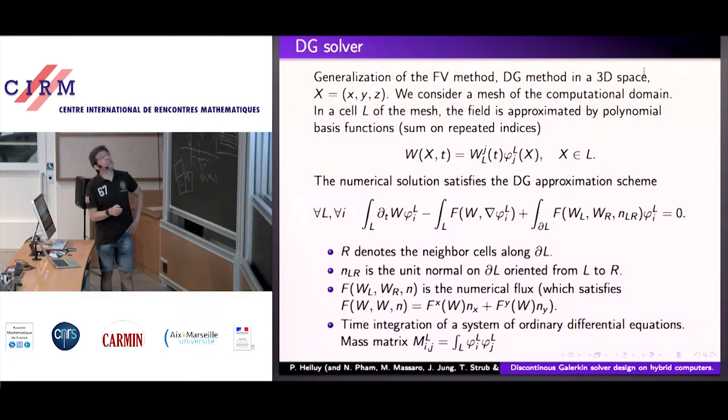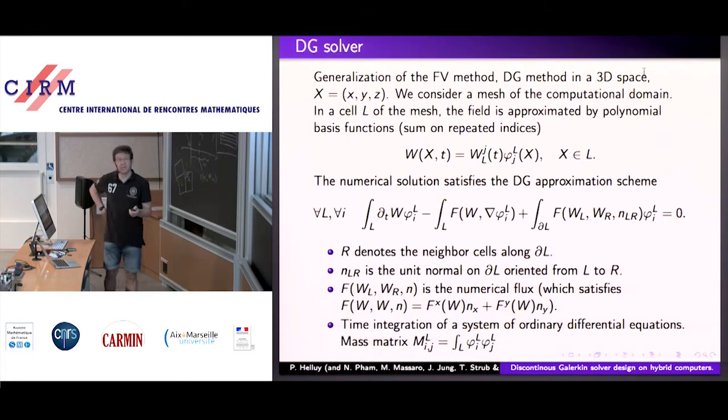Okay, so in each cell, I consider a basis function that I call phi_j for the cell L, and I expand my unknown on this basis. Remember that you have a sum on repeated indices.